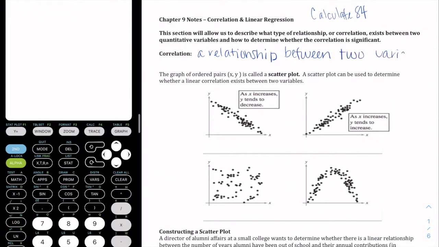So here below we have 4 different pictures of various types of scatter plots. A scatter plot can be used to determine whether a linear correlation exists between two variables. So as x increases and y tends to decrease, this is called a negative correlation. As x increases, y tends to increase. That's going to give you a positive correlation.